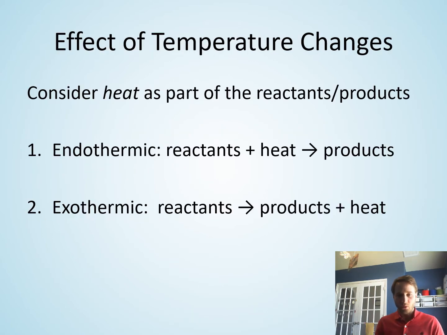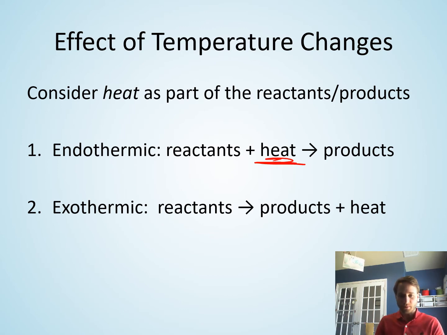Now, in terms of temperature, I find the best way to think of how temperature affects equilibrium and how it's related to Le Chatelier's principle is thinking about temperature as heat, and heat as a reactant or a product. In an endothermic reaction, the reaction takes in heat in order to go, so heat here can be considered a reactant.